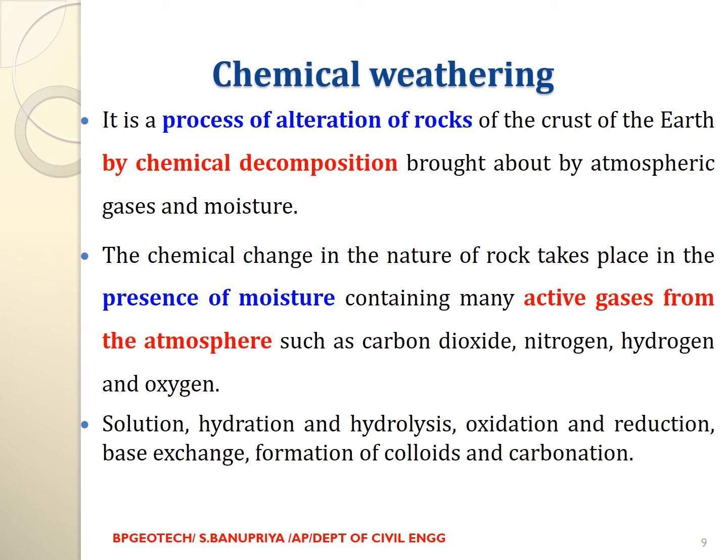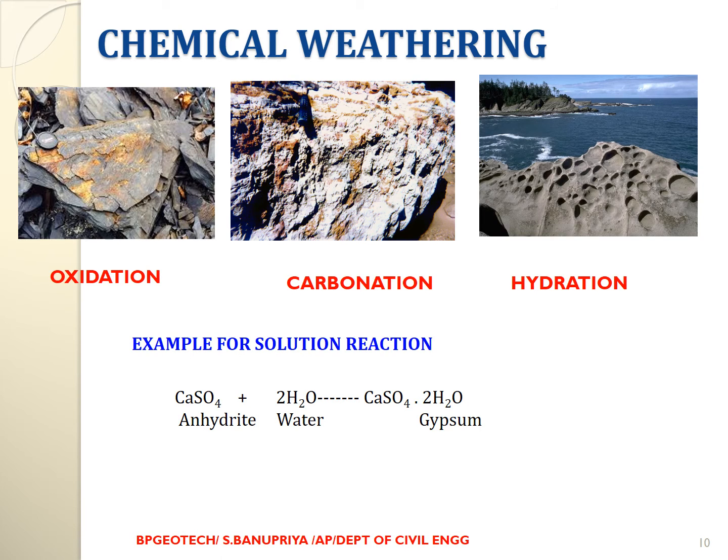A few examples of chemical reactions which induce chemical weathering are solution, hydration, hydrolysis, oxidation, reduction, formation of colloids, carbonation, etc. As we all know, a rock is made up of different types of minerals and chemicals.